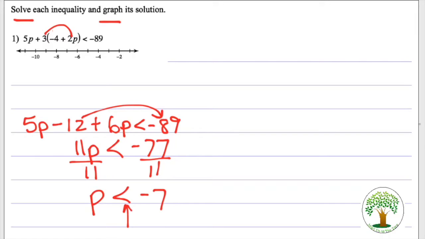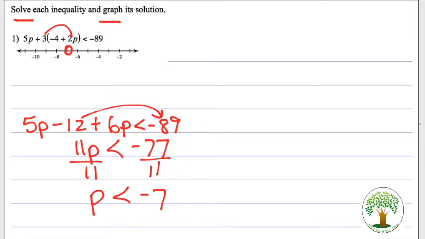This says that what we're going to do is graph everything that's P. P is all the numbers that are less than -7, but it does not include -7. I don't have one of those little equal lines there, so it's only up to -7, but not including. So we're going to put an open circle on that 7. And the numbers that are less than -7 go this direction.